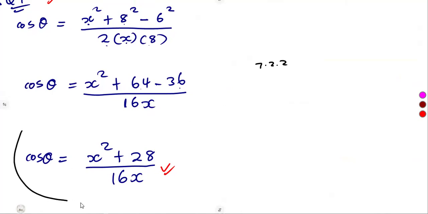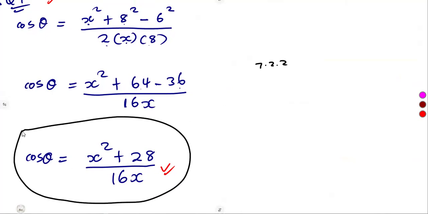From what we calculated before, we can see that there are two unknowns, X and also theta. So let's say we were given theta. Let's say we are asked to determine the value of X for which theta is equal to maybe 30 degrees.